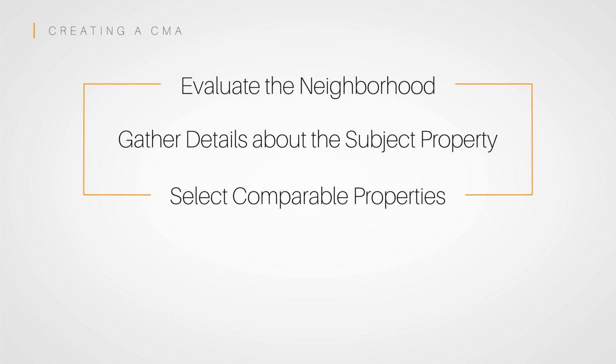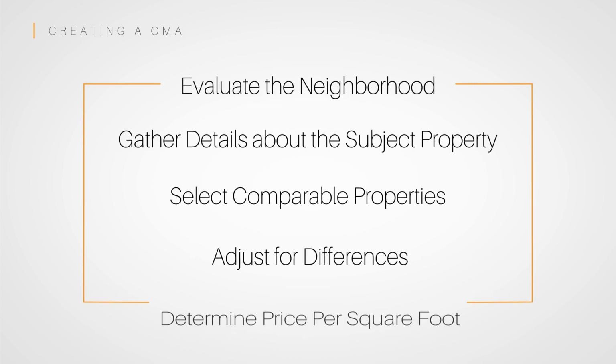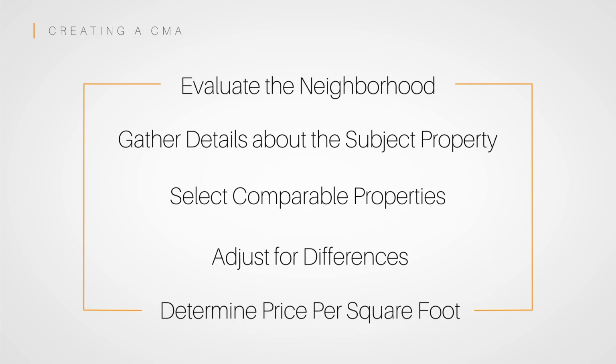These will narrow the price range depending on their similarities to the subject property. Then, adjust for differences. No property is the same as another. Some adjustments will need to be made. And finally, determine the price per square foot after adjustments. All this information will generally be gathered in a CMA form like this one.